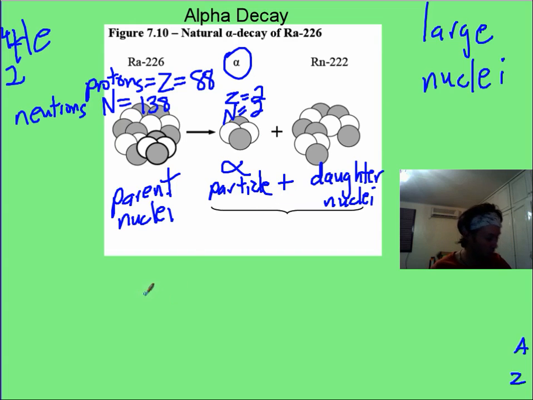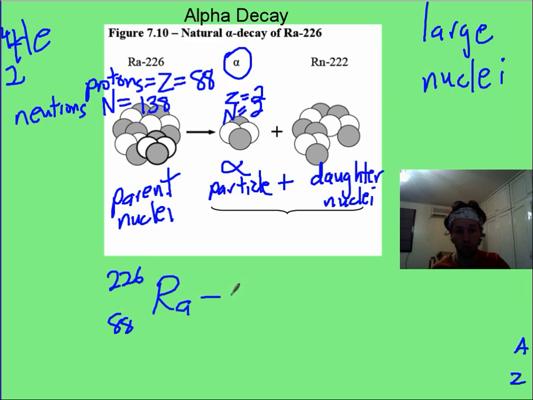And the general way of doing the math, which is quite simple, so you've got your radium, and you can either use the symbol up here if you like, or you can use the helium symbol, doesn't matter. We start with radium, and we're left with radon, 222, and this is going to be 86.